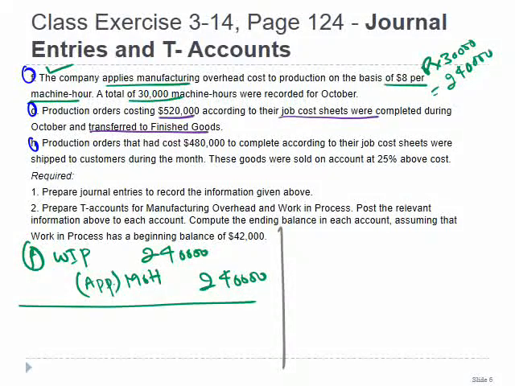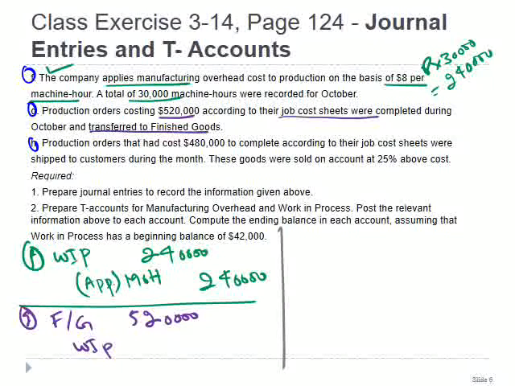This means our finished goods is increased by 520,000 and our work in progress is decreased, because things are now transferred from work in process to finished goods. So finished goods account debit 520,000, to work in process credit 520,000.